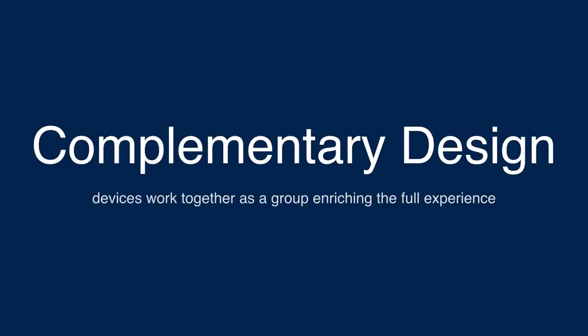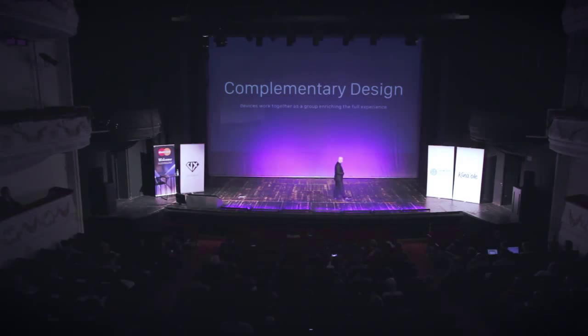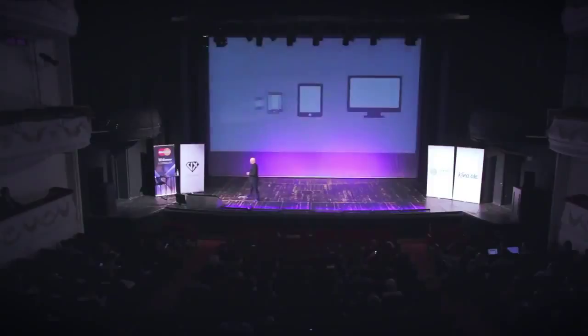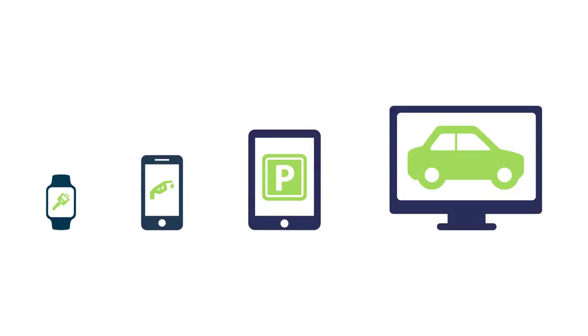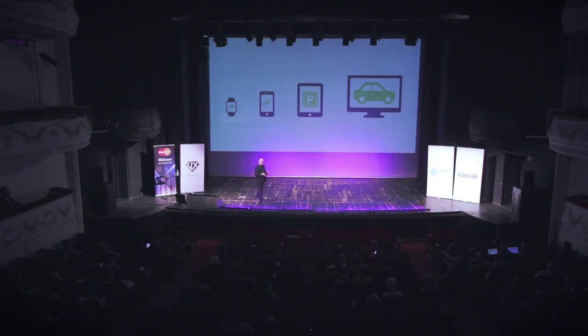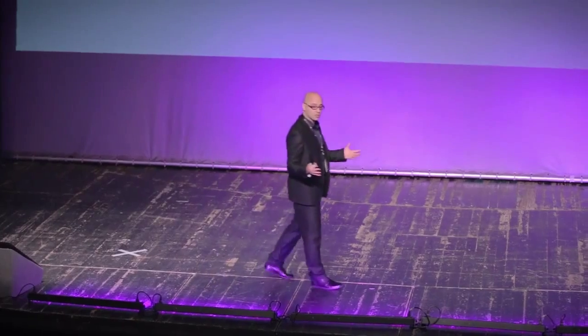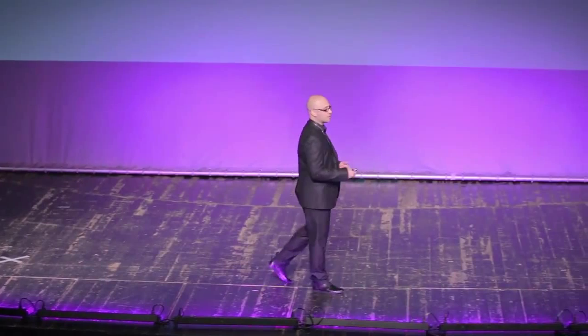The third one is the complementary design. In this case, we have two or more devices working together and creating the whole experience. The key point here is that every device has a unique characteristic that enriches the whole experience.